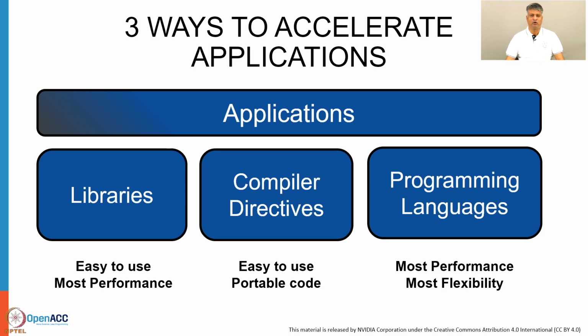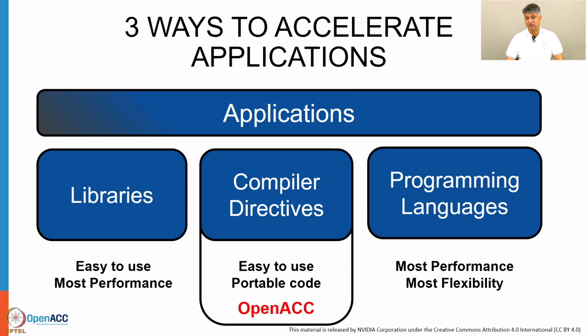So, what are the different ways we have to accelerate applications? Now, we can obviously accelerate applications using libraries which are easier to use and probably give the most performance because they have been tuned. We will cover the use of certain popular libraries towards the end of this course. The second option is to use compiler directives. We have seen an example of that which is CPU specific with OpenMP. So this gives us easy to use, portable code.